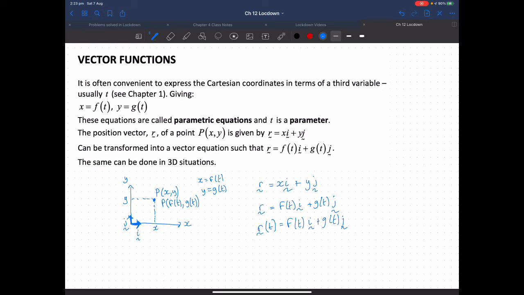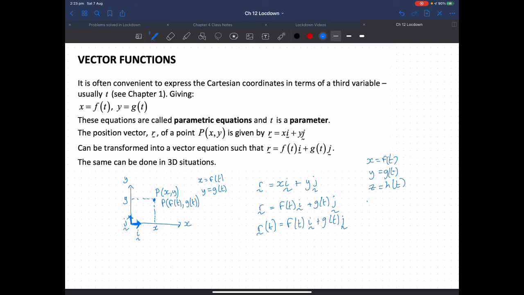Similarly, this can be done if we were looking at 3 dimensions where we had x, y, and z. So x would be a function of time, y is a function of time, and z I'm going to write as a function of time.